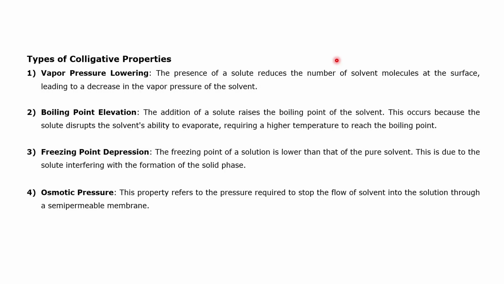This leads to a decrease in vapor pressure of the solvent, because adding a solute from the outside actually changes the composition of that solution itself, right? So based on the uneven distribution or uneven concentration of the solute in the solvent mixture, the vapor pressure of the solvent might get decreased in this case.